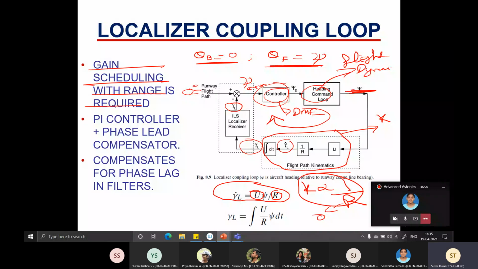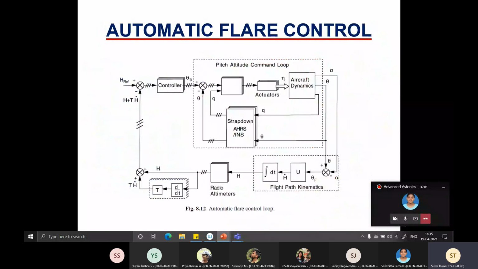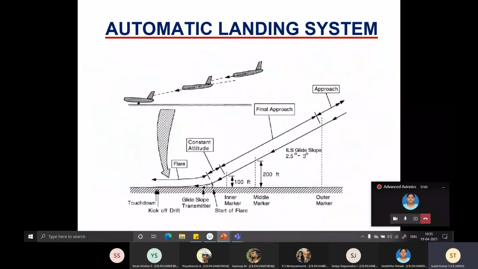The last autopilot is called flare control, which we'll see in the next class. If you look at the landing process, it's actually in three parts. First, you approach the runway. Then final approach starts from the outer marker and goes all the way up to the inner marker, and somewhere around 100 feet above the glide path, you are not going to go straight and crash on the ground.